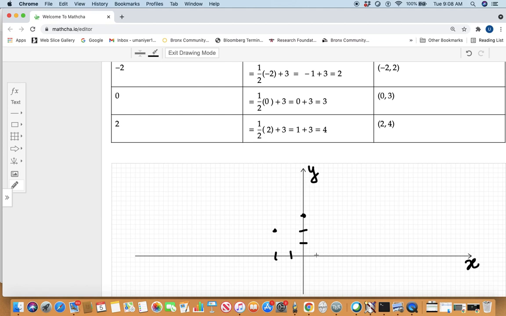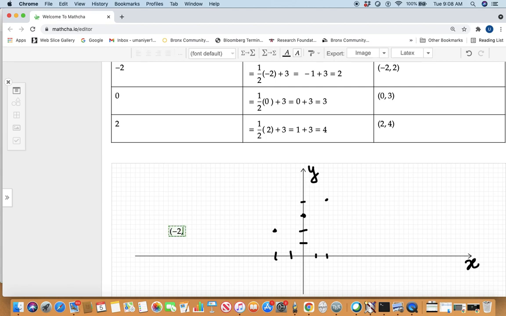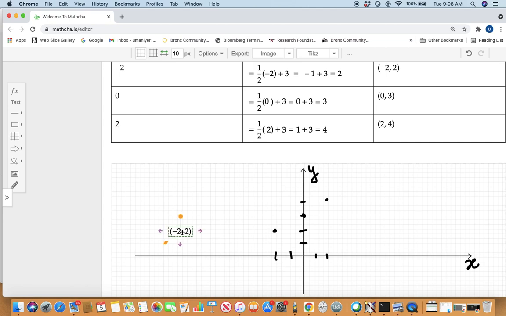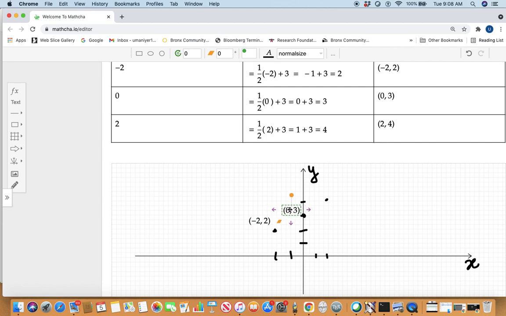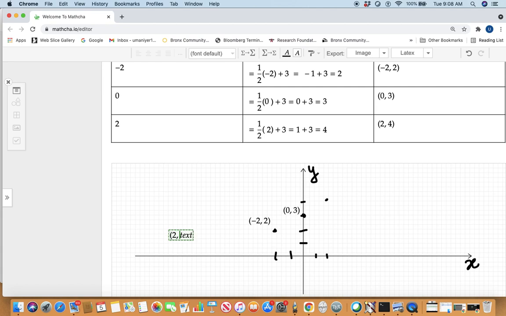X coordinate is 2 and y coordinate goes until 4. So this with this gives me this point. So these are the 3 points. Let's get their coordinates written out. -2, 2. 0, 3. 2, 4.